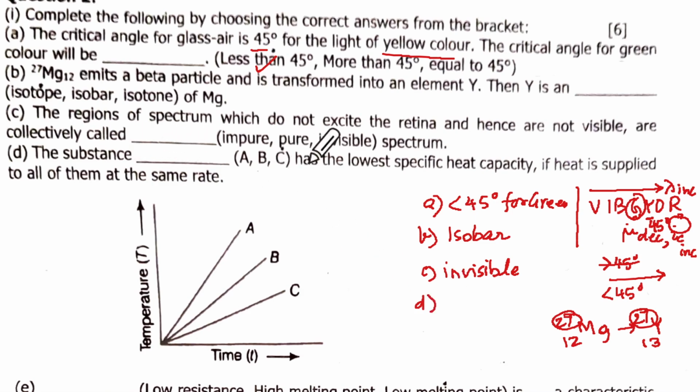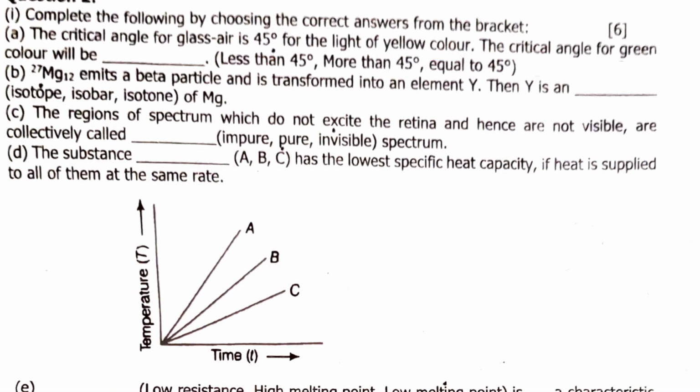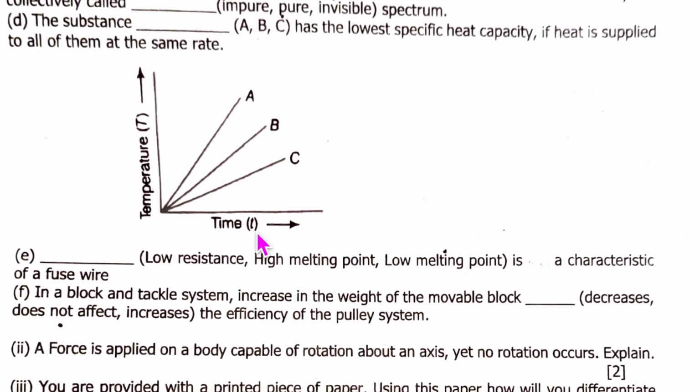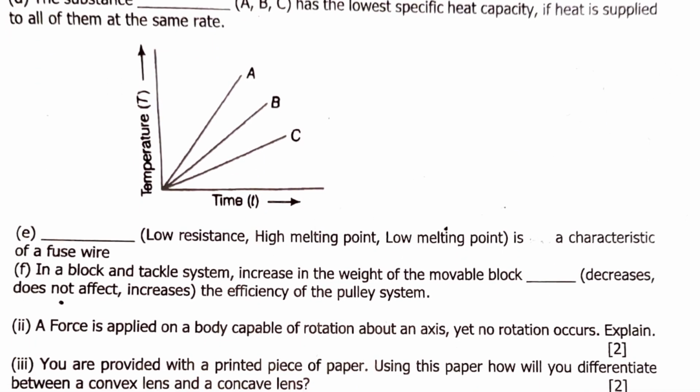The substance ABC has the lowest SHC if heat supplied to all of them is the same. Normally when we look at this type of graph, we think of Ohm's law, correct or no? But what are they telling you? This is the temperature and this is the time. So now let us do this.